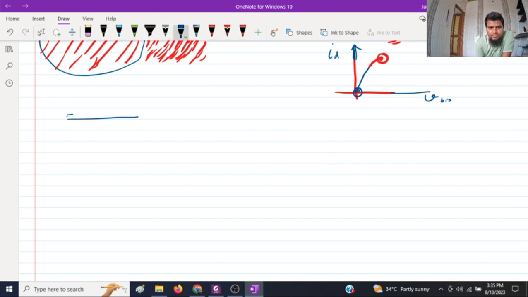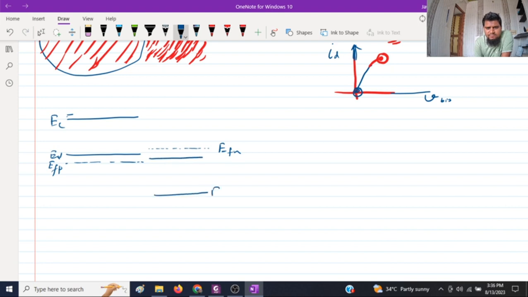Okay, so this is EC. Here you have the Fermi level EF, P, EV, EC on the P side, and the Fermi level EFN is above EV on the P side. EC will be somewhere here and EV will be somewhere here.